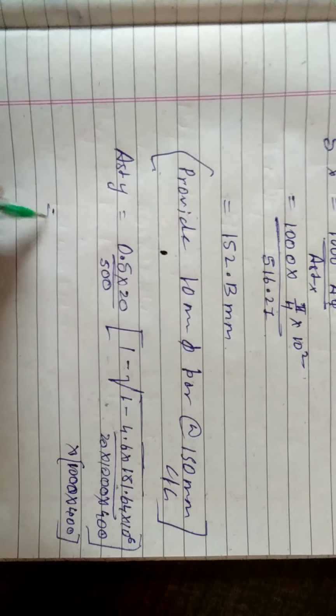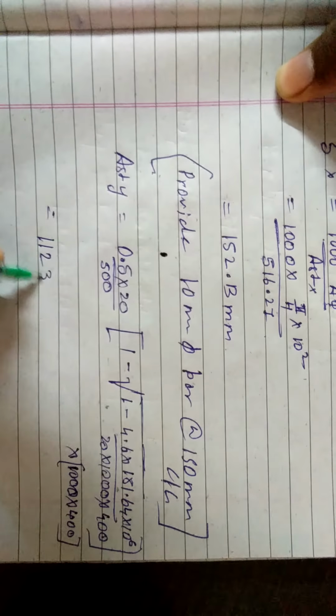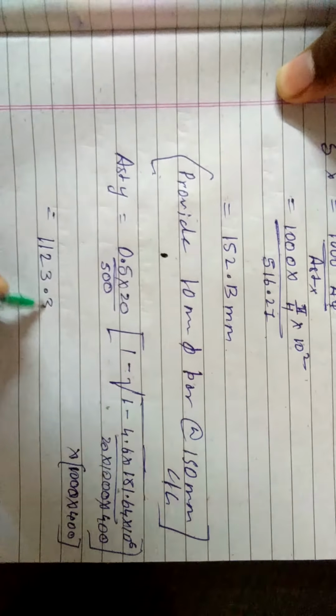Here we will get the value of AST in Y direction, that is 1123.3 mm square.